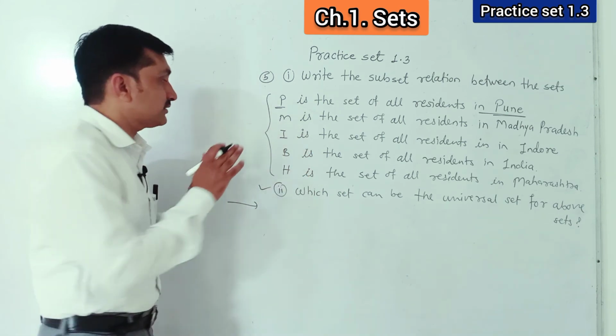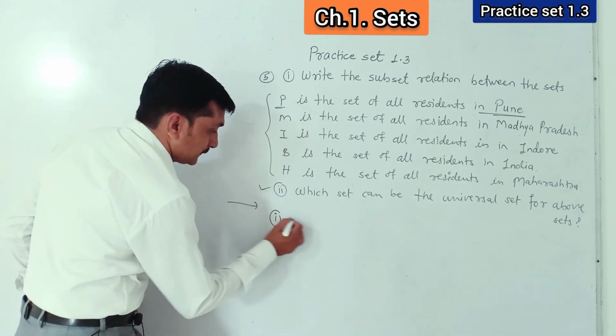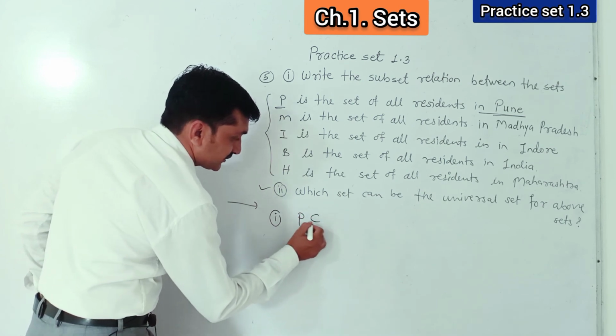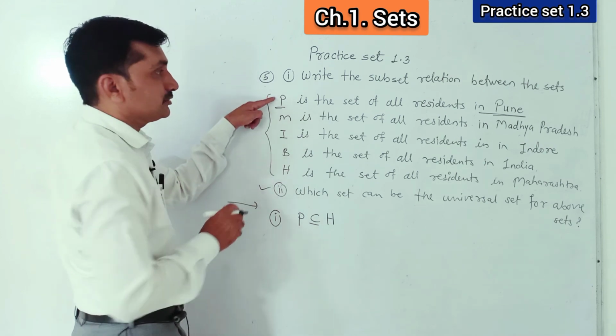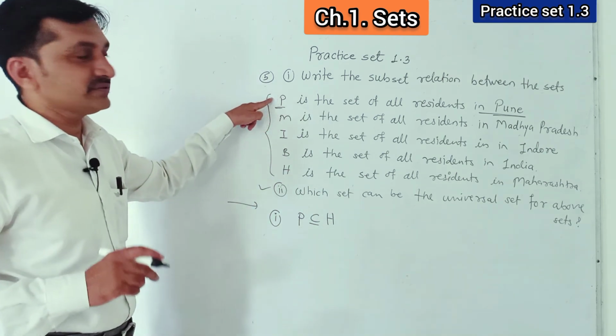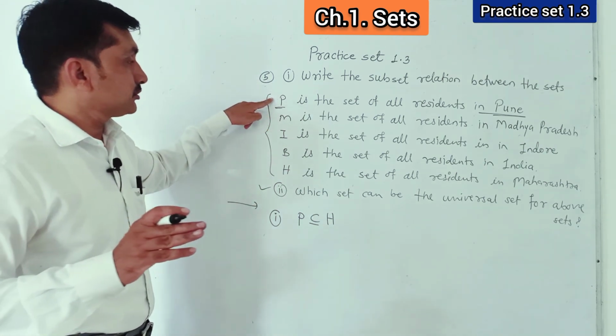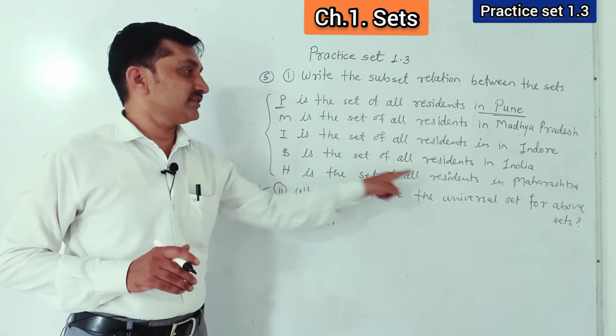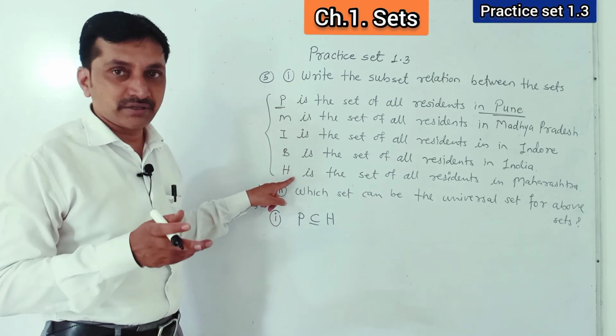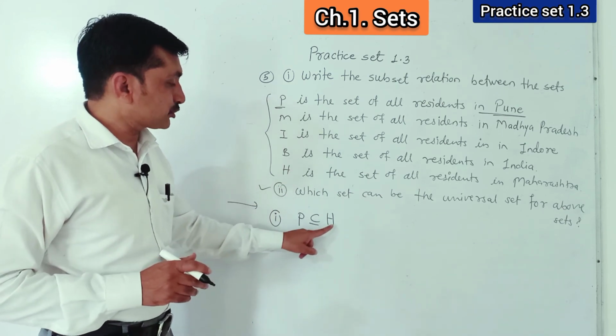It means we can write the first relation: P is a subset of H. P means the set of all residents in Pune, and H is the set of all residents in Maharashtra, because Pune is in Maharashtra. That's why P is a subset of H.